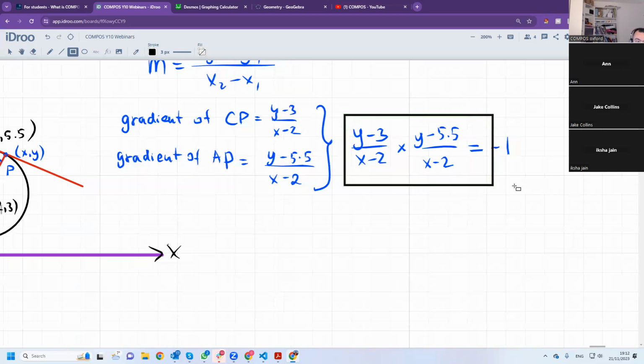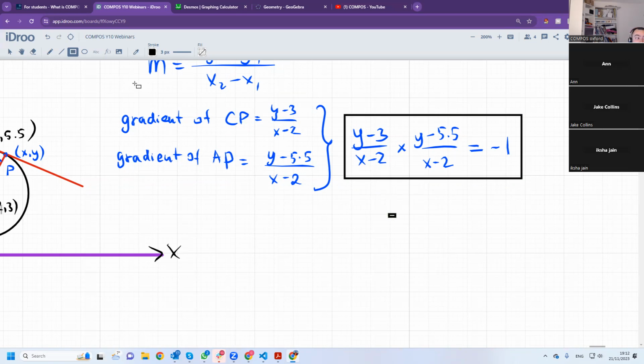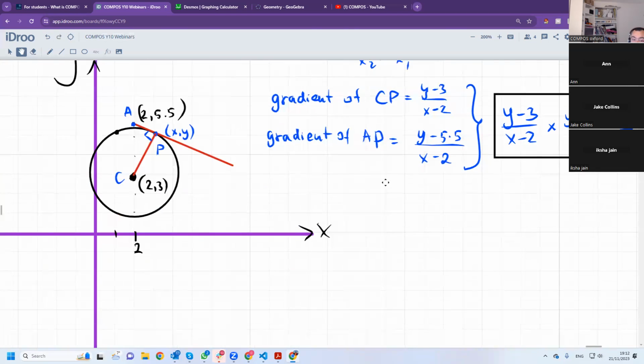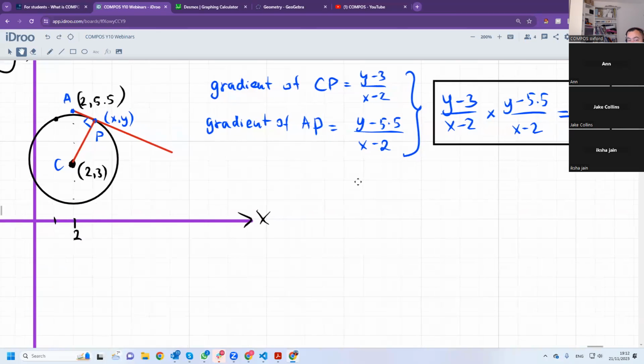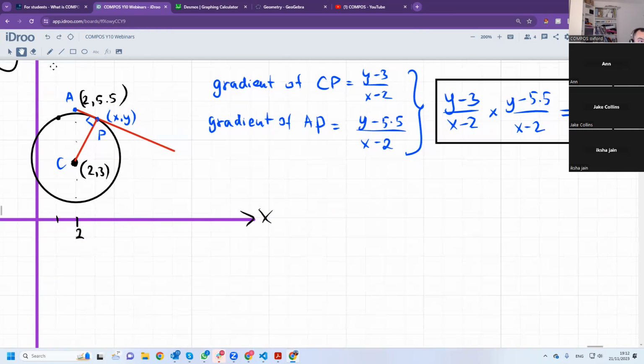I'm looking at this equation and I'm seeing that it is going to help me. But if I start simplifying that, that's going to be a complicated equation. It's going to contain y squared. It's going to contain x squared. So it's not enough for me. So I'm going to pause that. I'm going to keep that aside. And I'm going to remember another fact, that the length of CP is square root of 5.